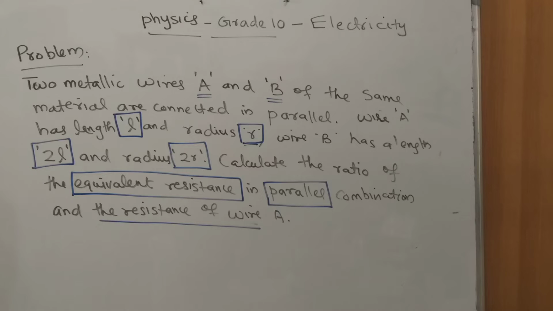Both A and B are made of the same material, having different dimensions. What is required is to find the equivalent resistance of the parallel combination of A and B, and represent it as a fraction of the resistance of wire A.